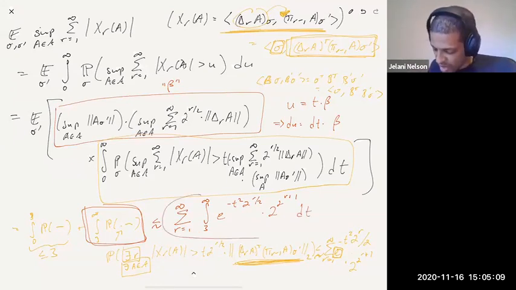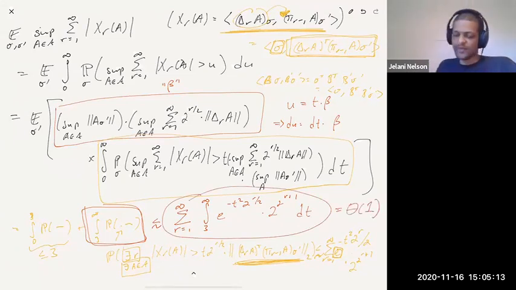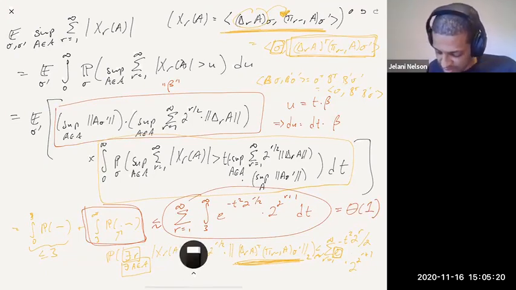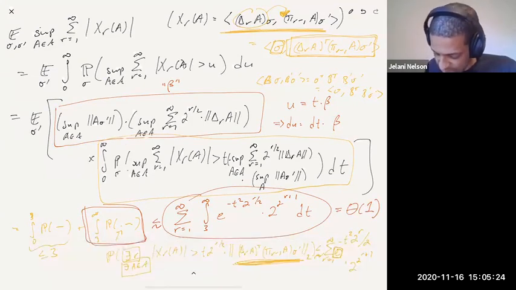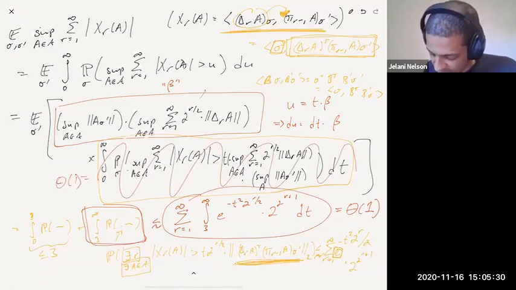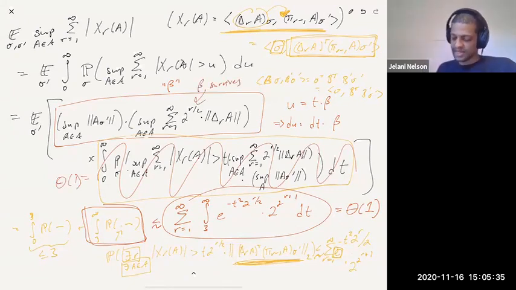And this whole thing, I promise you, converges. It converges to some constant. It's bounded. So all this stuff over here is basically a constant. The only thing that survives is this part. Beta survives. The rest is a constant.